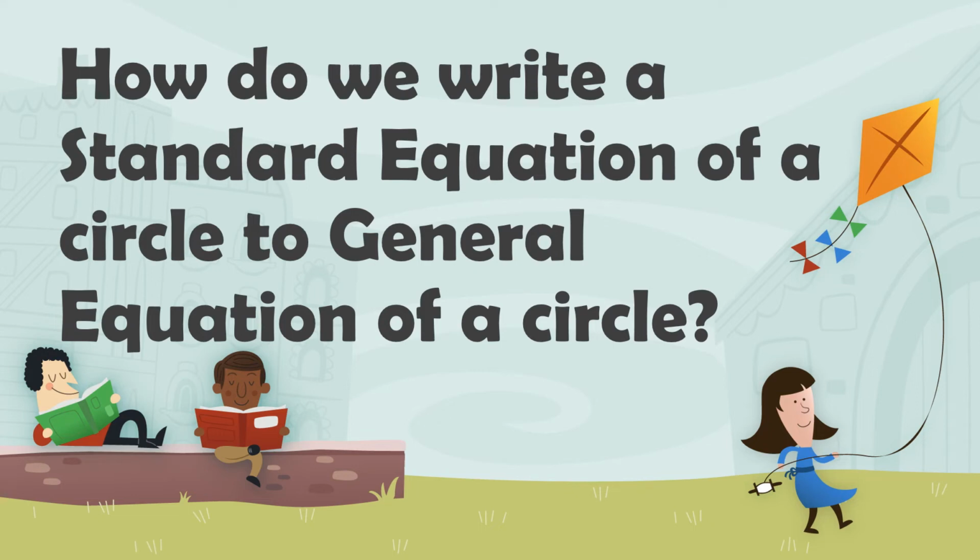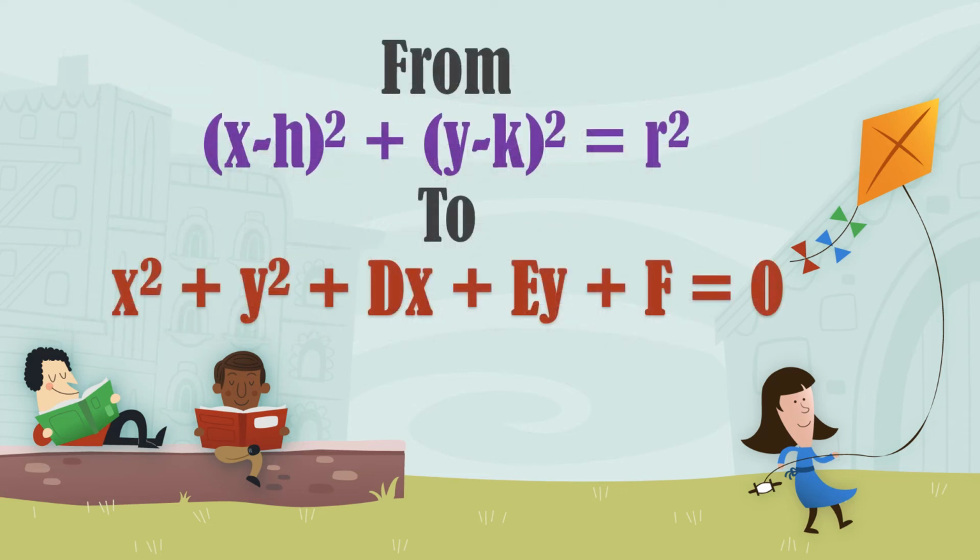Okay, let's go to the second topic. So, how do we write a standard equation of a circle to general equation of a circle? So, ang sistema naman dito is baliktad. Okay? So, from x minus h squared plus y minus k squared is equal to r squared, susulat natin siya into the general equation na x squared plus y squared plus dx plus ey plus f is equal to 0.